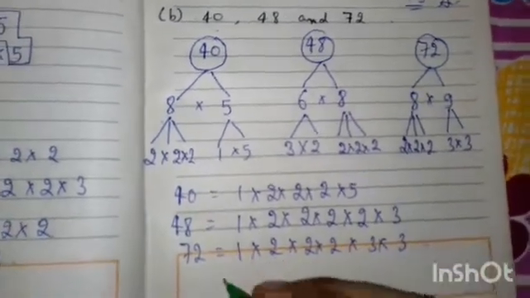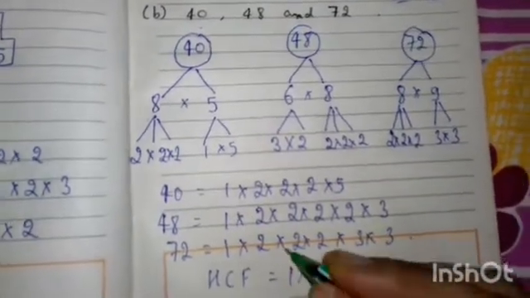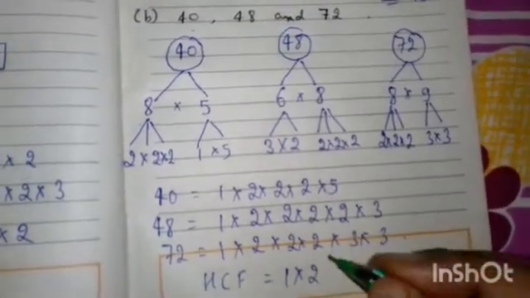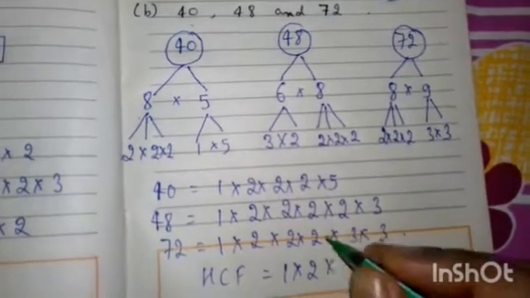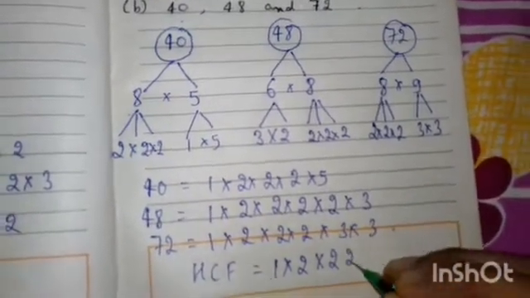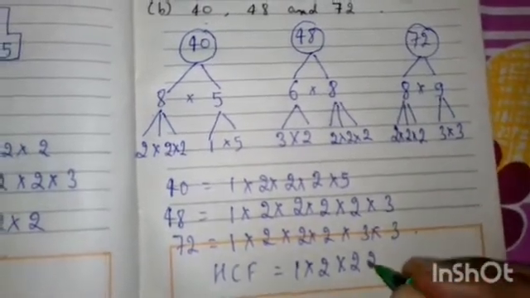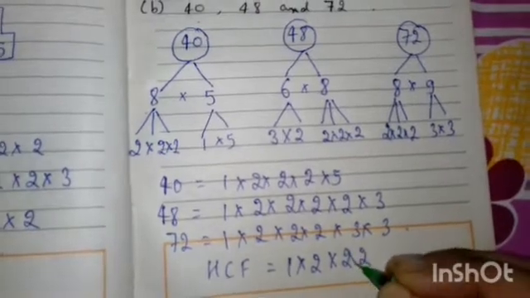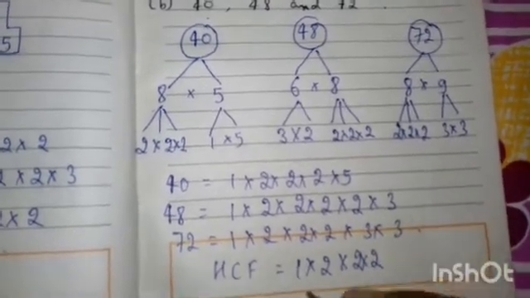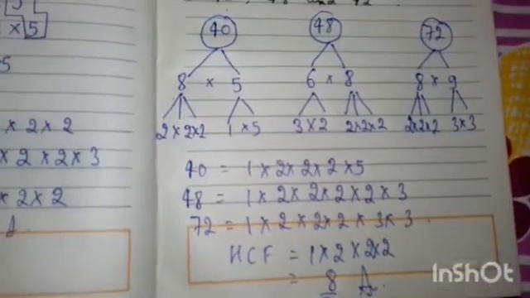Now just see the HCF, or the common factors, between all three numbers. 2 is common here, 2 again, then 5 here or not. So 2 times 2 times 2, that is 8. So 8 is the HCF.